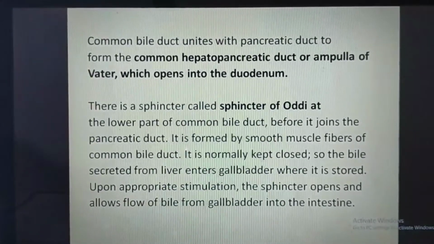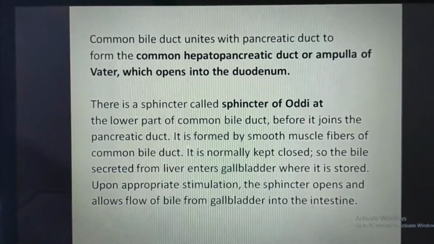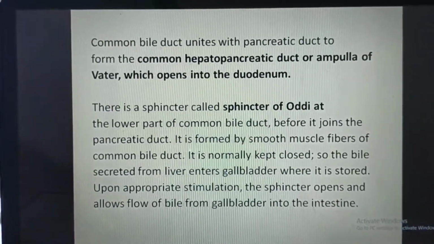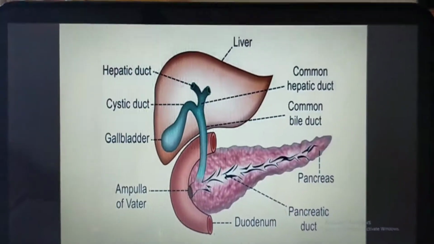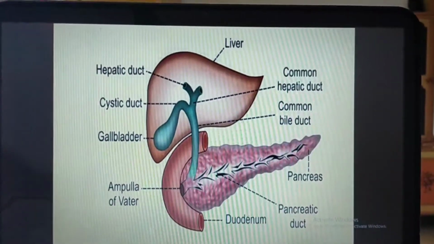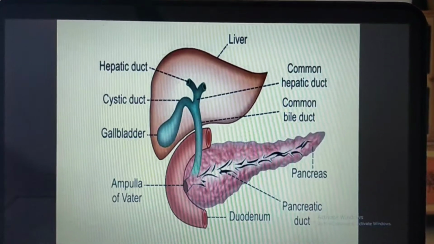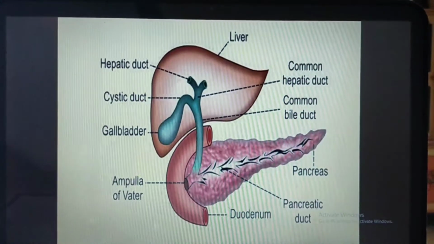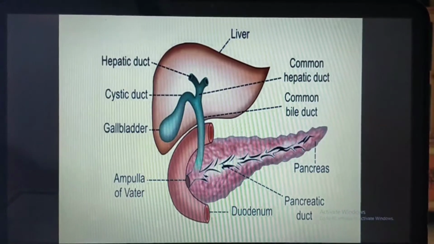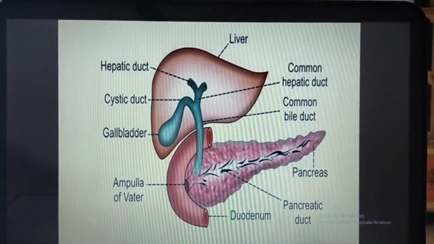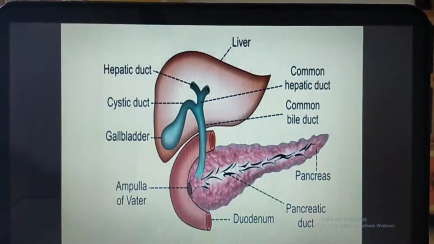Upon appropriate stimulation, the sphincter opens and allows flow of the bile from gallbladder into the intestine. So in this figure we can see the hepatic duct, cystic duct, ampulla of Vater, duodenum, pancreatic duct, pancreas, common bile duct and common hepatic duct.